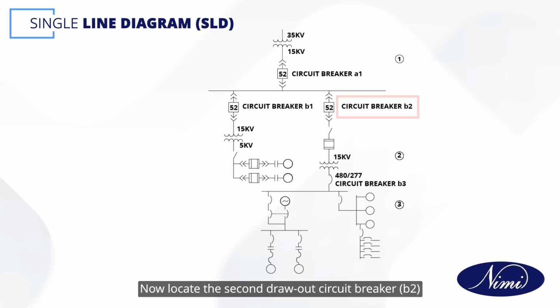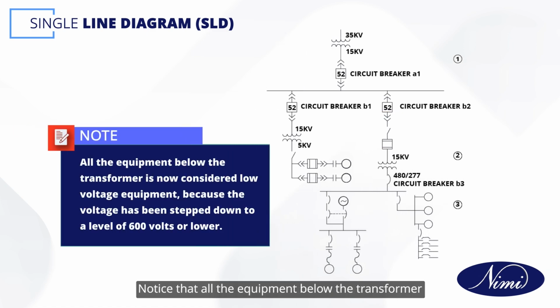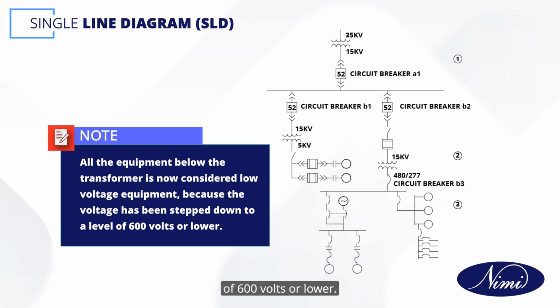Now locate the second draw-out circuit breaker B2 that is attached to a fuse disconnect switch and then connected to a step-down transformer. Notice that all the equipment below the transformer is now considered low voltage equipment because the voltage has been stepped down to a level of 600 volts or lower.